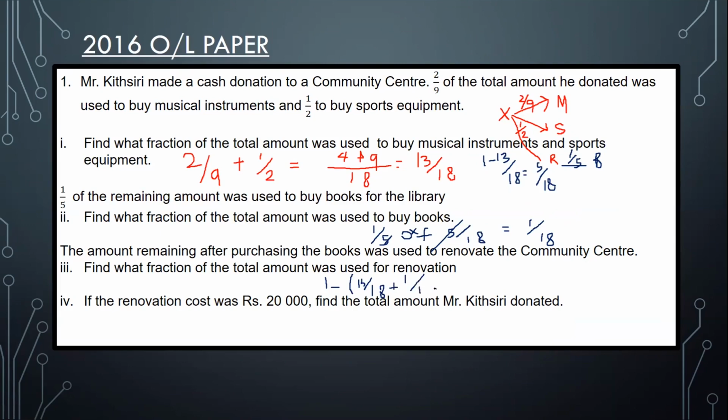So the fraction used for renovation is 1 minus 14/18. 1 means 18/18, right? So 18/18 minus 14/18 is equal to 4/18.